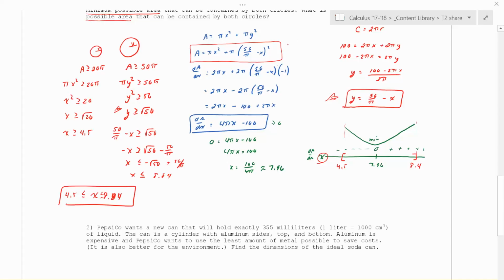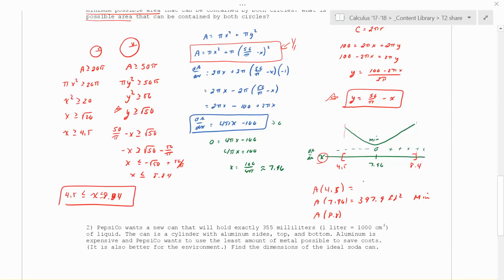But if I plug this in as my y1 on my calculator, I can evaluate that area at 4.5, the area at 7.96, and also at 8.8. I know that the area at 7.96 is my minimum, and that gave me 397.9 square feet. That's my minimum.